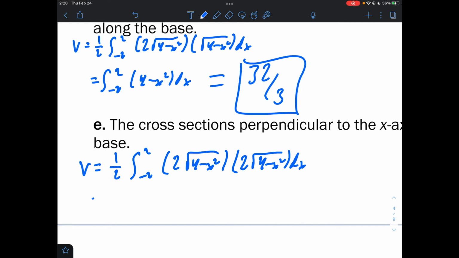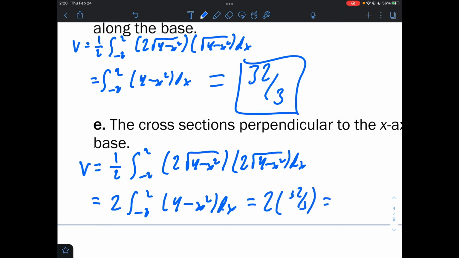If we bring both those 2's out in front, we're left with 2 times the integral of 4 minus x squared dx, which we already know was 32/3, so 2 times 32/3 is 64/3.